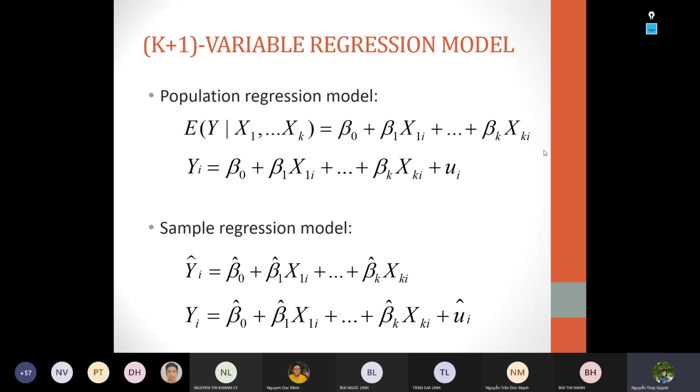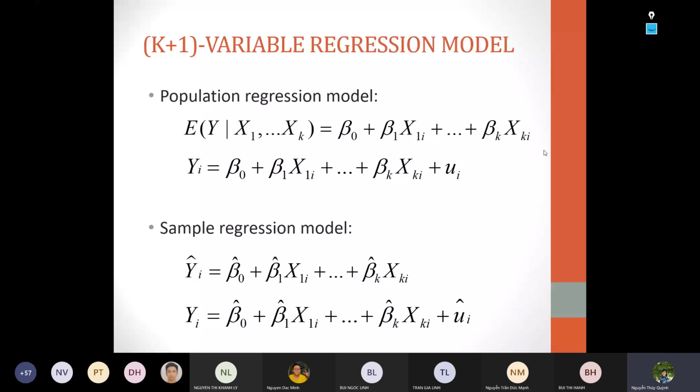Now, the general case, a k plus 1 variables regression model.